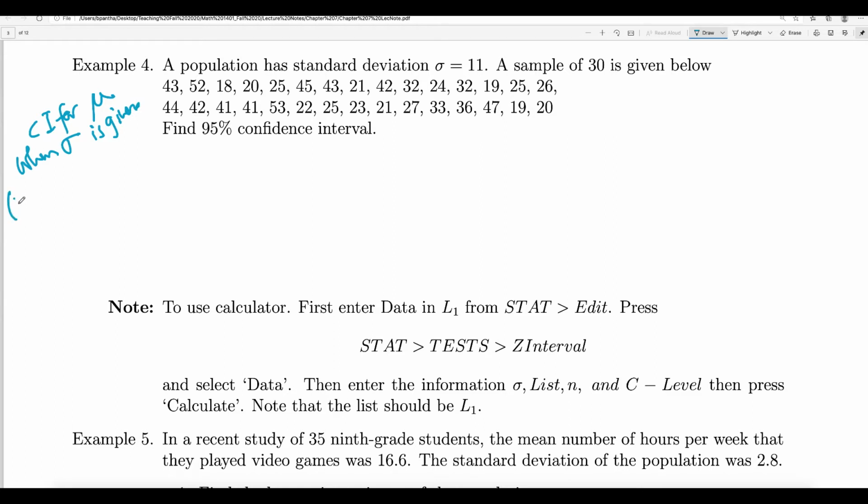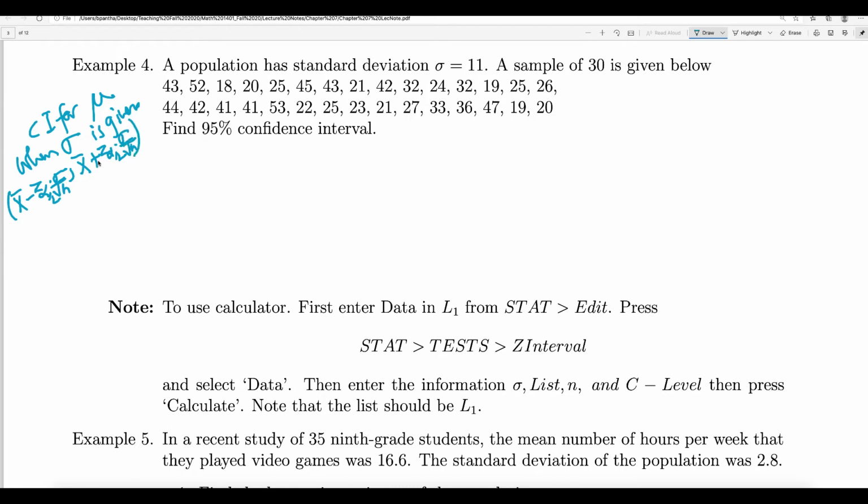The formula was x bar minus z alpha half times sigma over root n, that is the lower limit of the confidence interval, and the upper limit is x bar plus the same thing, z alpha half times sigma over root n.